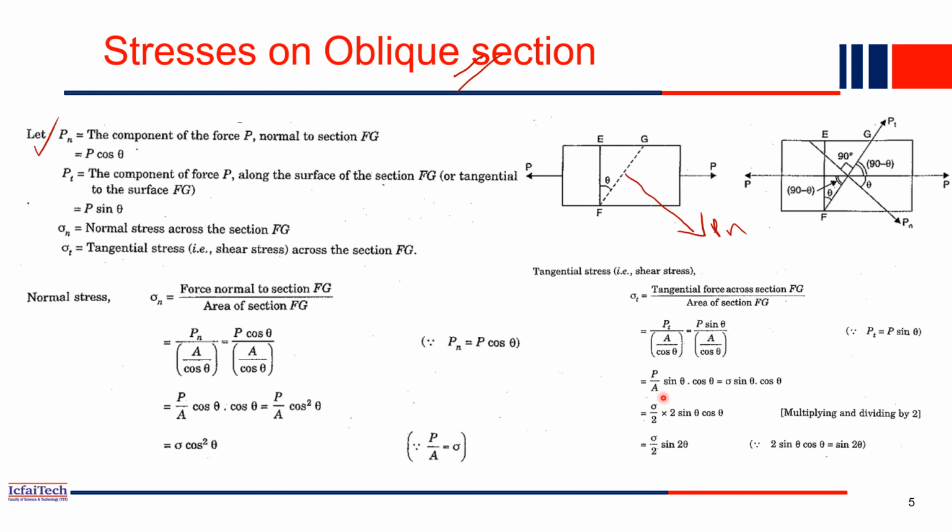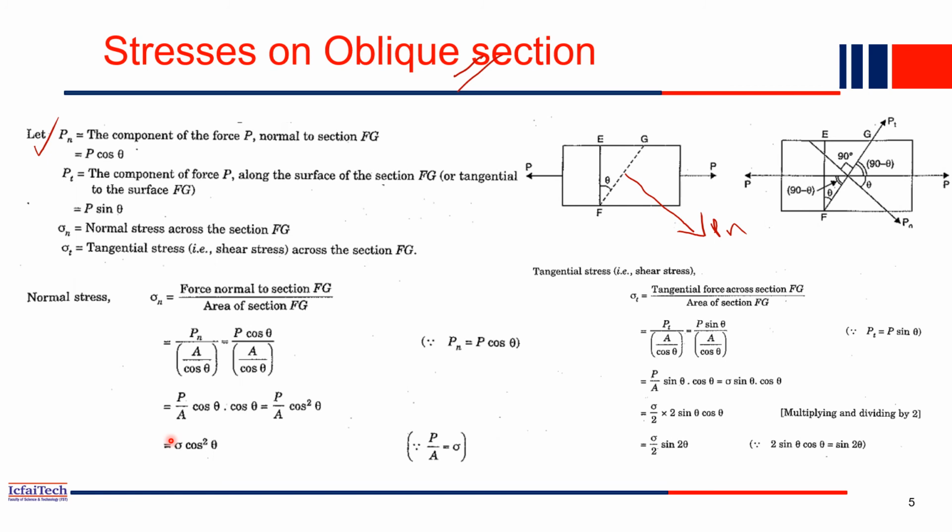If you simplify, P by A sine theta cos theta, and replacing P by A with sigma, sigma sine theta cos theta, which is sigma by 2 into 2 sine theta cos theta. Using the formula 2 sine theta cos theta is sine 2 theta, ultimately you will have sigma by 2 sine 2 theta as the shear stress of this oblique section FG.